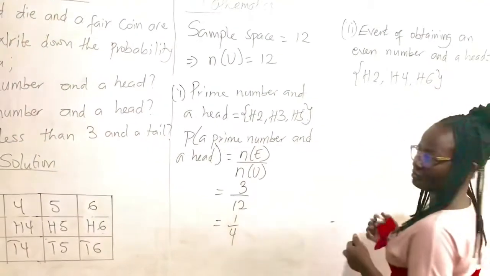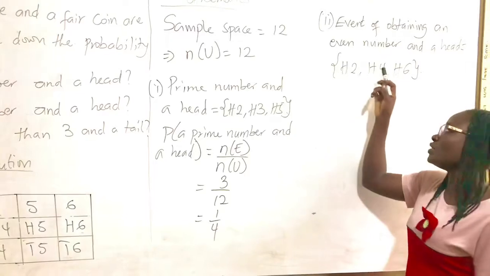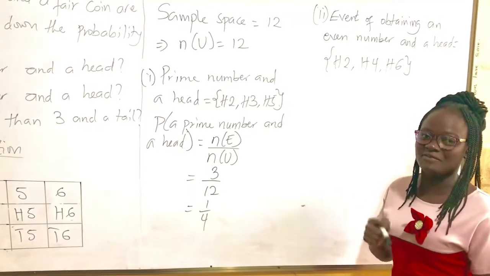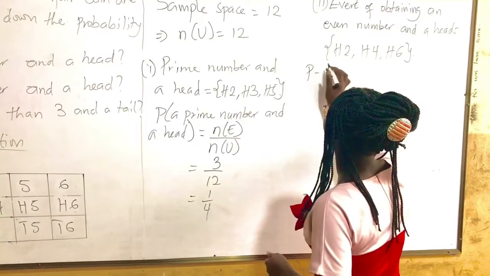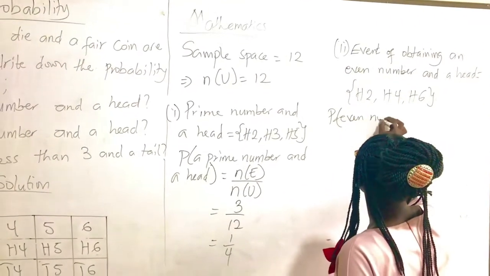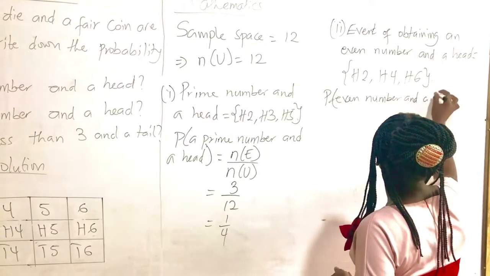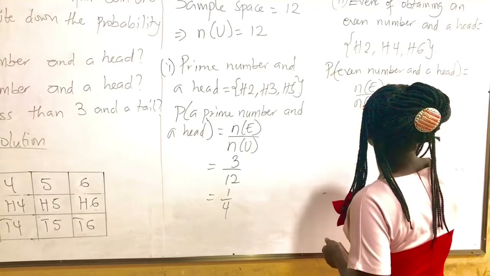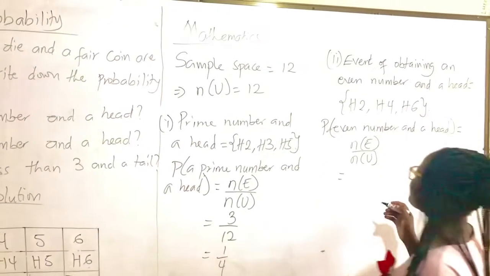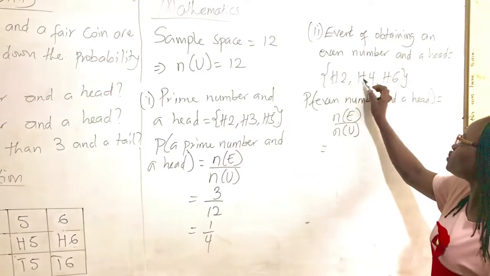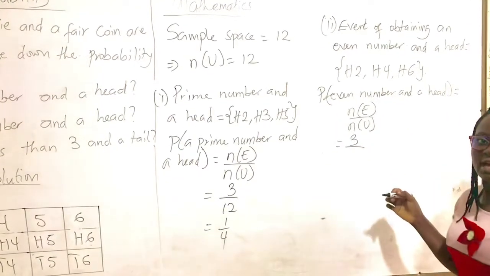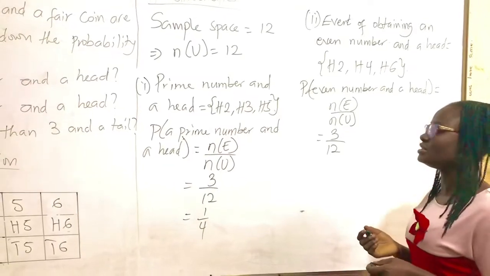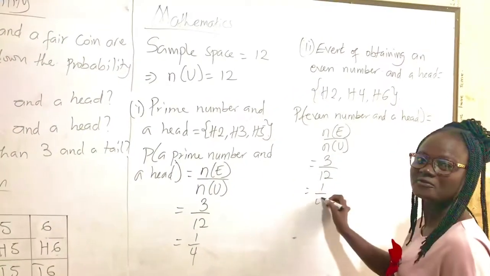So we have H2, H4, H6. We simplify this to get 1 out of 4.